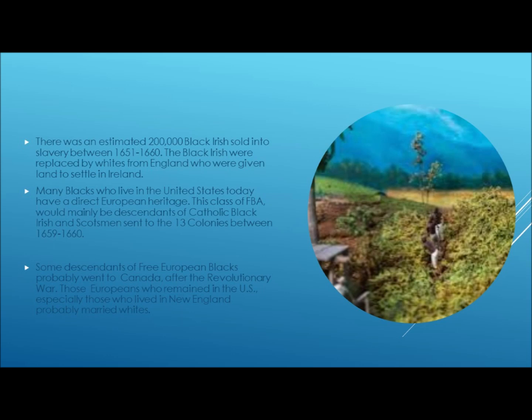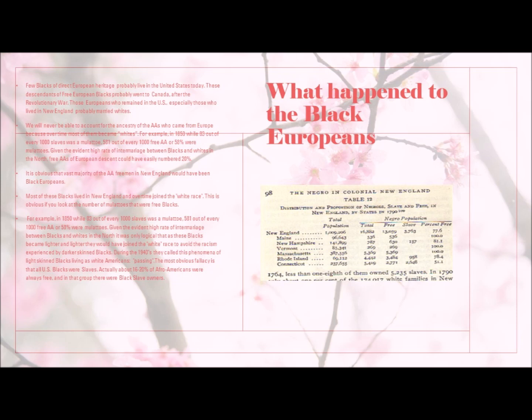Few Blacks of direct European heritage probably live in the United States today. Most of the Blacks that lived in New England, as I said before, are white. But we know that many of these Black Europeans were not destroyed. For example, in 1850, while 83 out of every 1,000 slaves was a mulatto, 581 out of every 1,000 free foundational Black Americans, or 58%, were mulattoes.